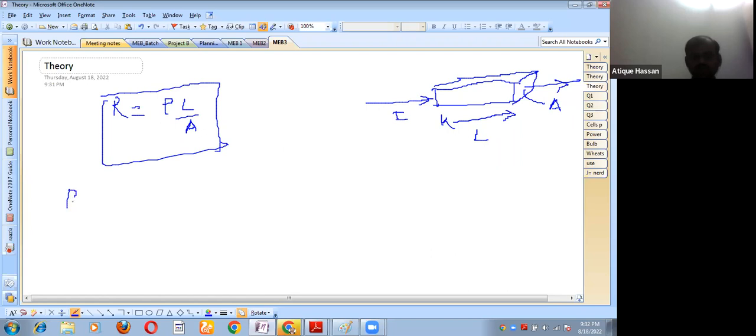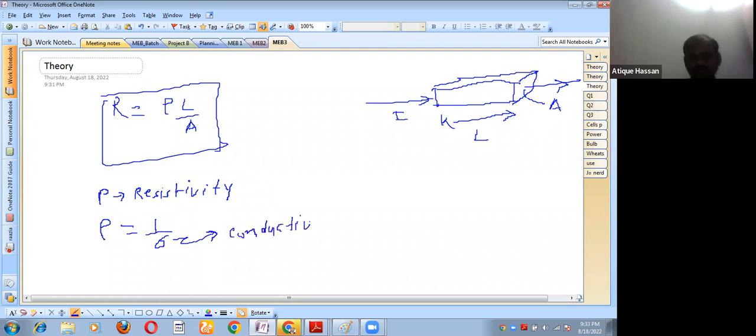What is rho? Rho is known as resistivity, and rho is also equal to 1 by sigma.